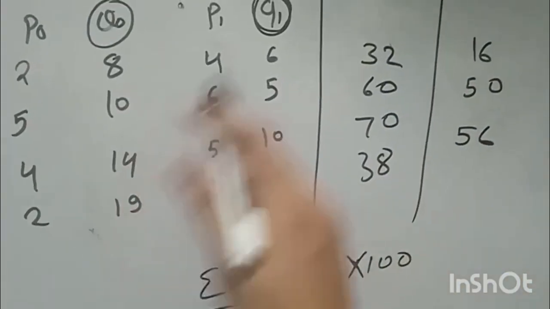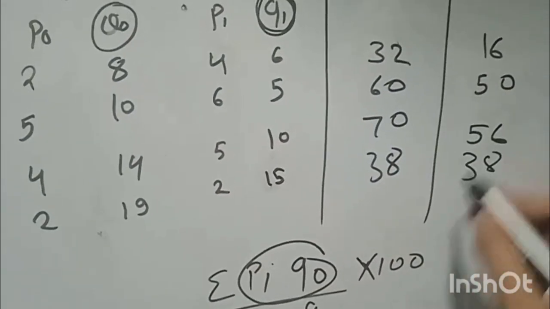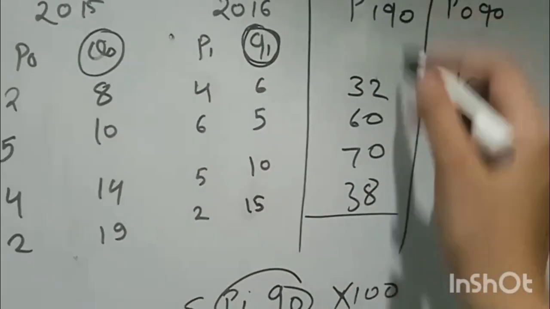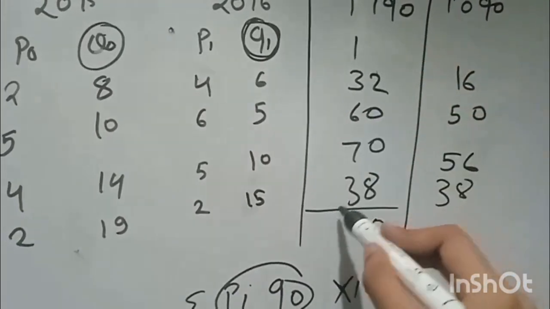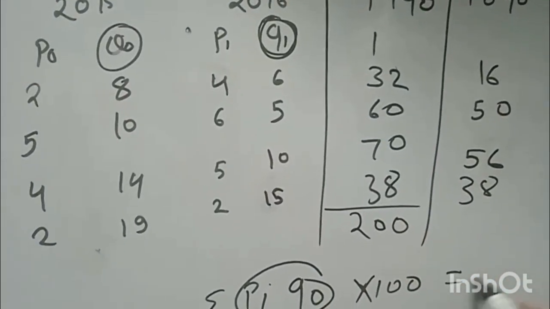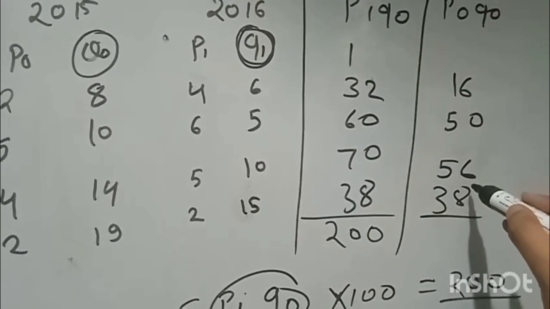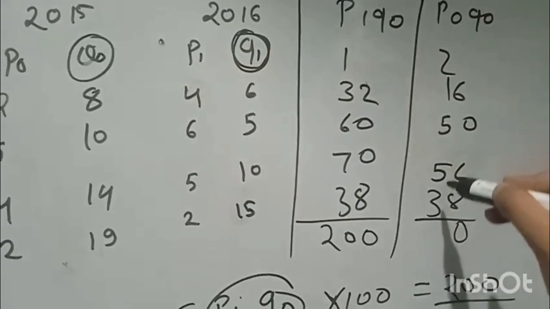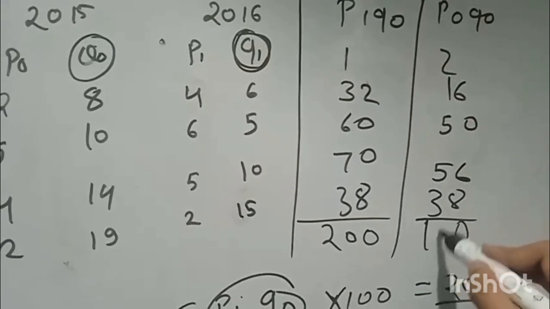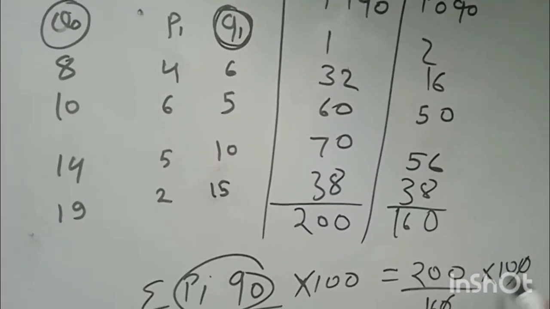Okay, 19 into 2 we did it, because this is the same. Okay, 38. Now add all these. Sigma P1Q0 upon, add all these: 6, 16, 6, 12, 18, 20, 2, 3, 8, 11 and 5, 16, 160 into 100.